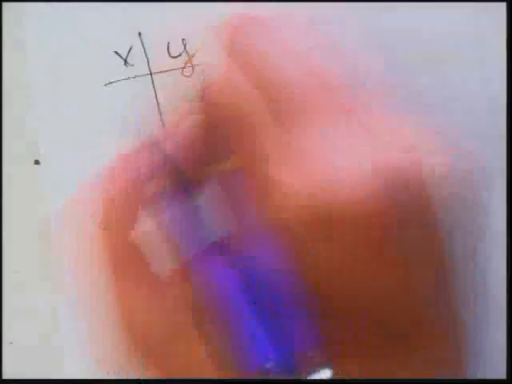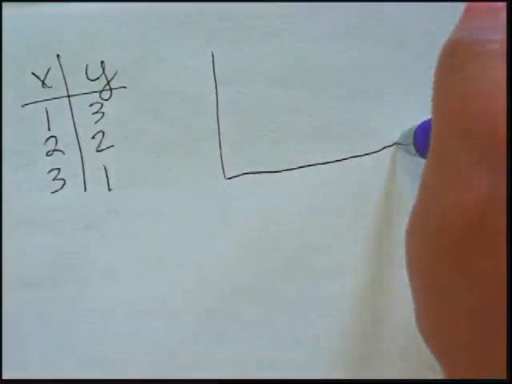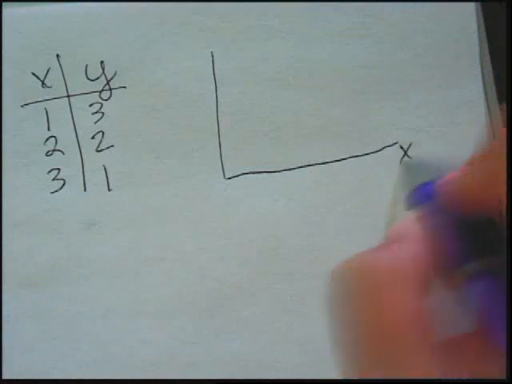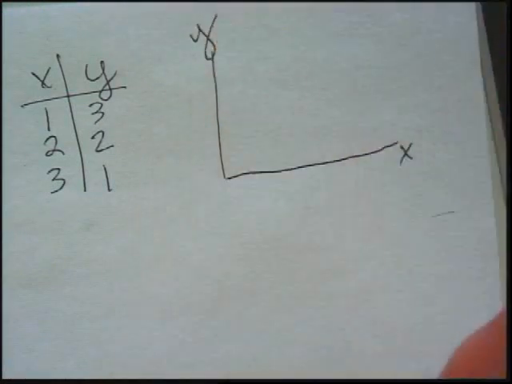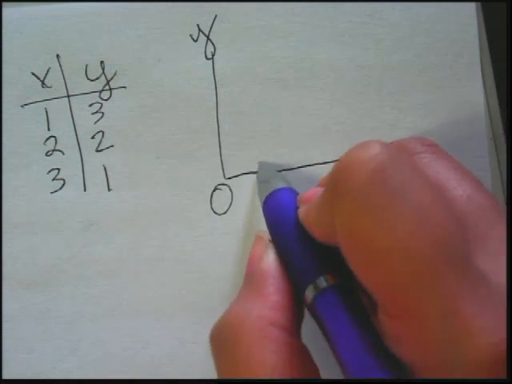All right, so we're going to put x and y back up here. And let's have x doing the same thing, 1, 2, and 3, and we'll have y doing the opposite, 3, 2, and 1. I'm going to draw my axes back up here in the corner. We'll put x again on the horizontal axis and y again here on the vertical axis. Zeros in the origin.